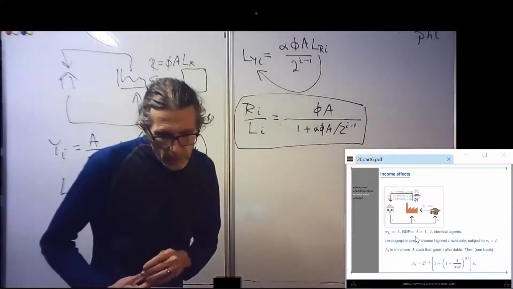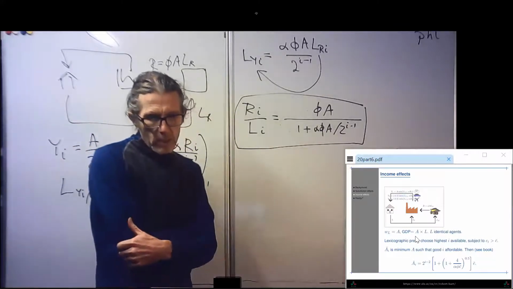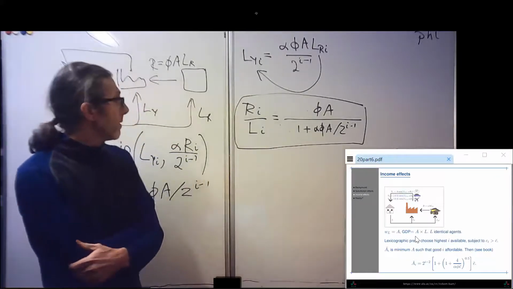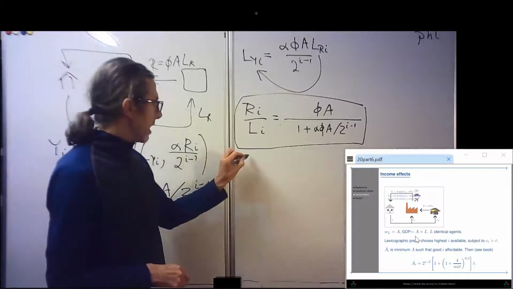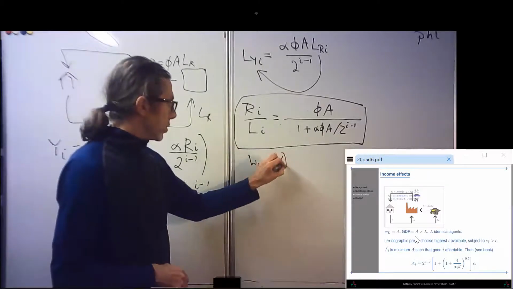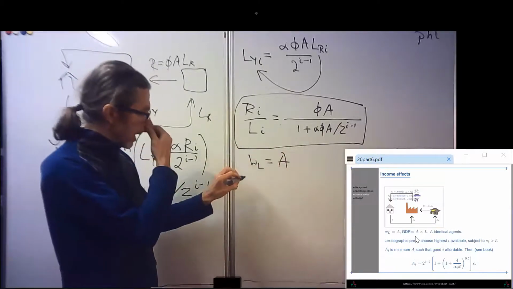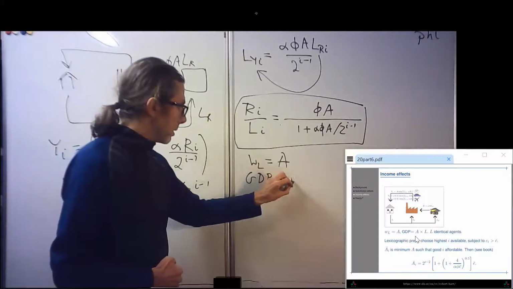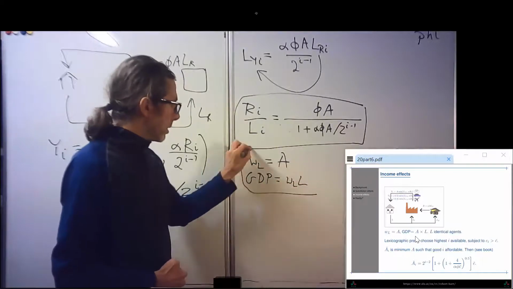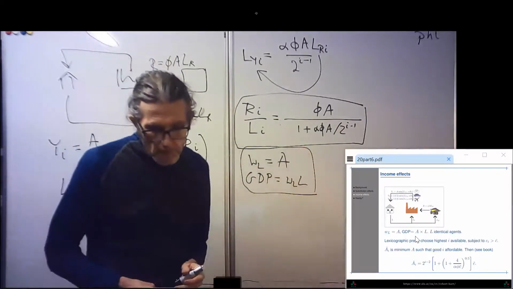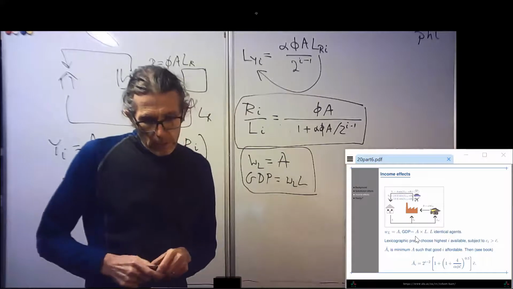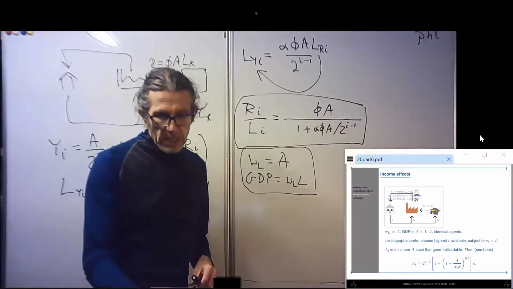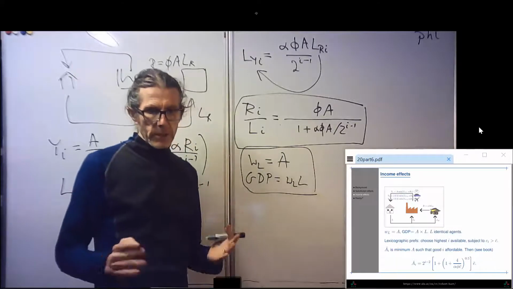So what have we got? We say that W_L, the wage, is just A. And GDP is W_L L. Okay? Or A L. Then we say preferences are lexicographic.